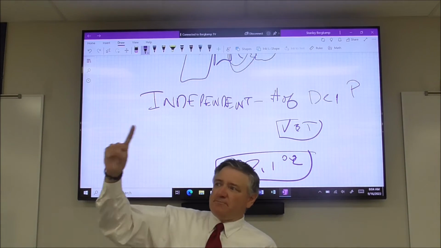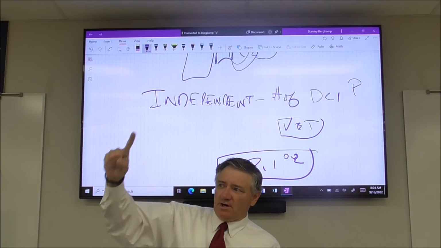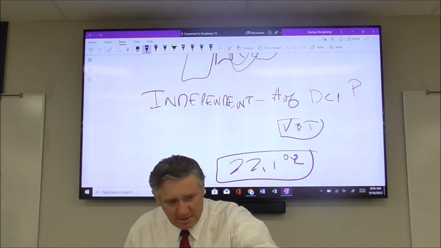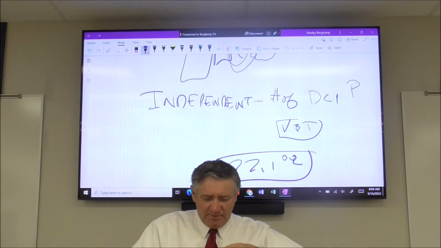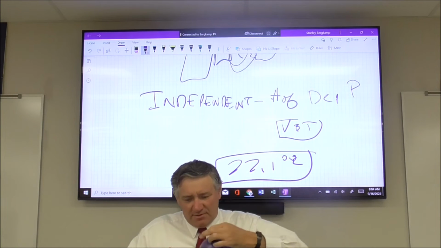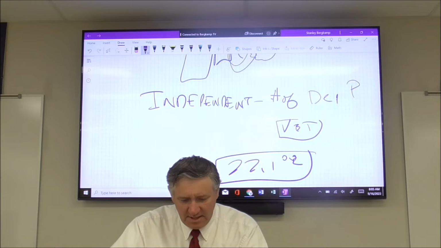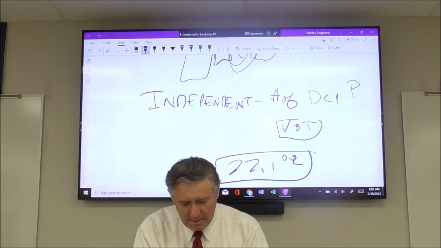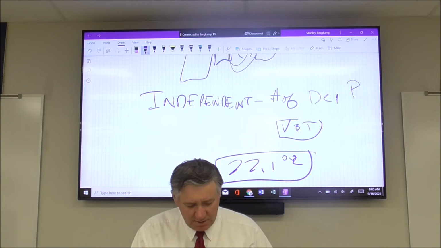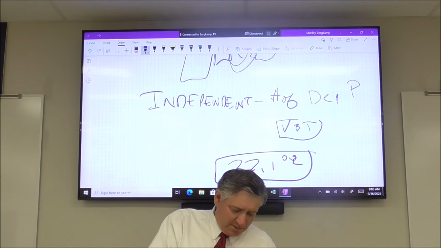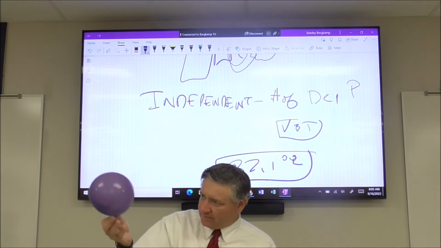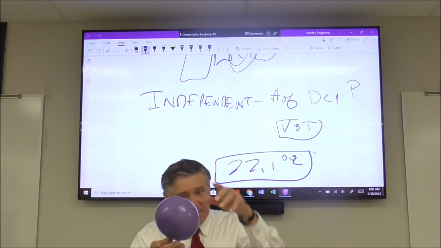What's going to be important on this one is that you're going to draw a line around that balloon. Imagine you're going to draw a line around here. Then we've got some red twine over there, and you're going to wrap it around and measure the circumference of that balloon where you have that line drawn.